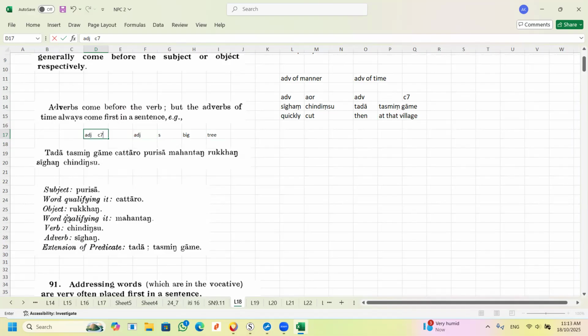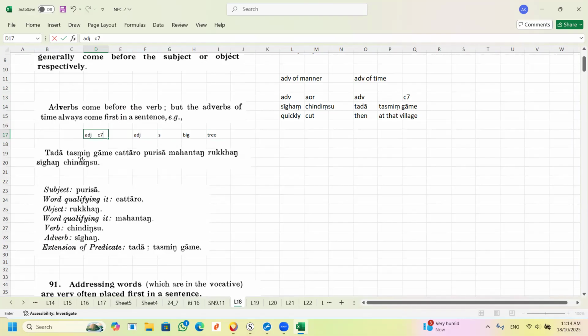So Brother Alfred, sorry, just a minute. You said tada, tasmin, gamane. So tasmin is an adjective because it's talking about this village or that village, in that village.